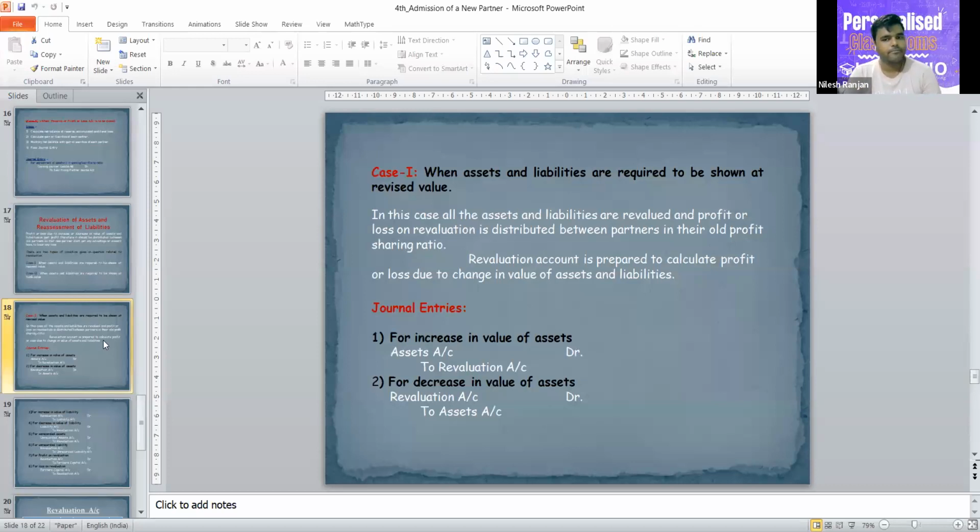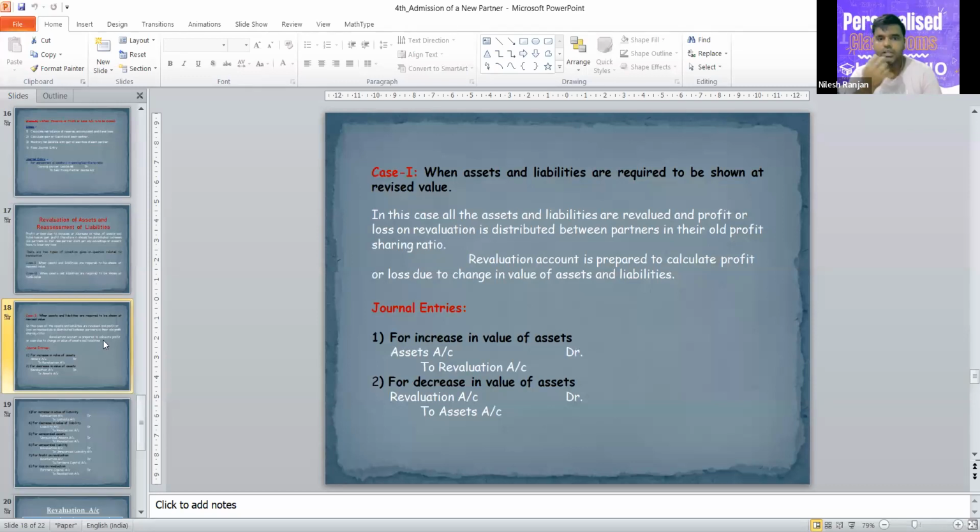So because there's increase in assets, so we are debiting asset account. Actually, a revaluation is a nominal account. Okay. Yes, sir. So whenever there is profit, it is on the credit side. Whenever there is loss, it is on the debit side. So when value of asset increased, it is profit for us. That's why revaluation is credited.